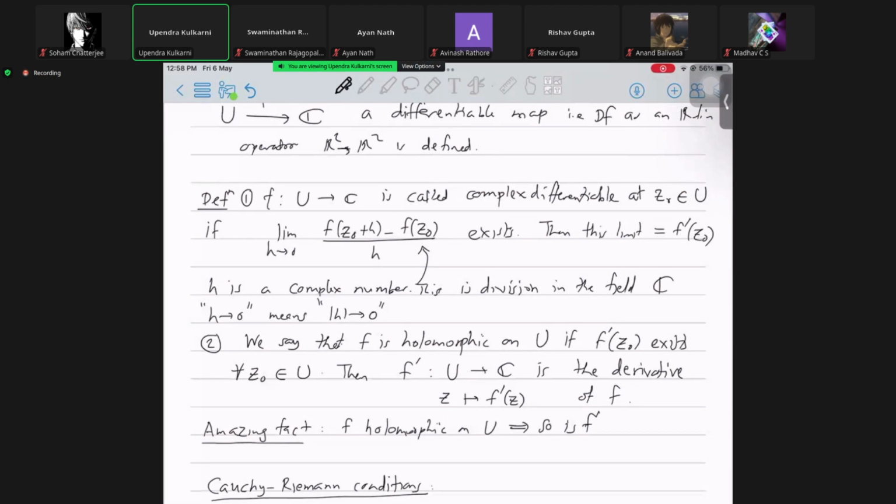I can take h to 0 along any line, or in fact along any curve, and I'm always supposed to get the same complex number as the limit of that ratio. So Cauchy-Riemann conditions are what fall out if I take the limit along the real and the imaginary direction. So let's carry this out.